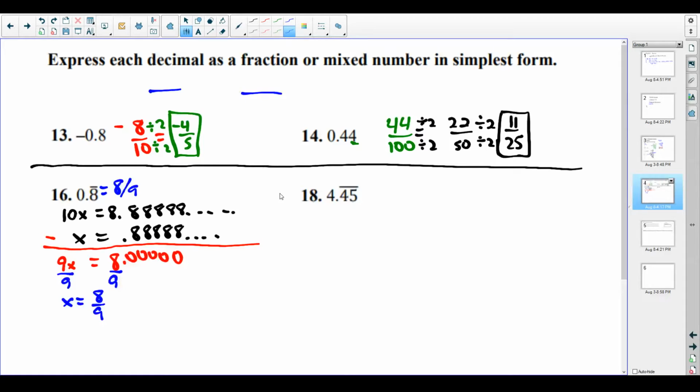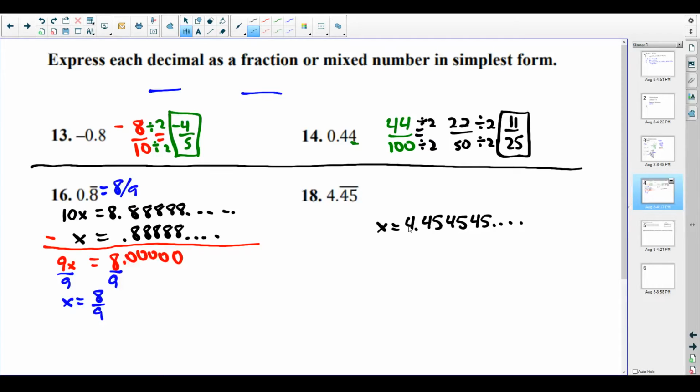Alright, so let's try again, something a little more difficult. So the same basic idea. We have a number, and we're going to say x equals that number, 4.45 repeating. This time we have two numbers repeating, so this would be 4, 5, 4, 5, forever.